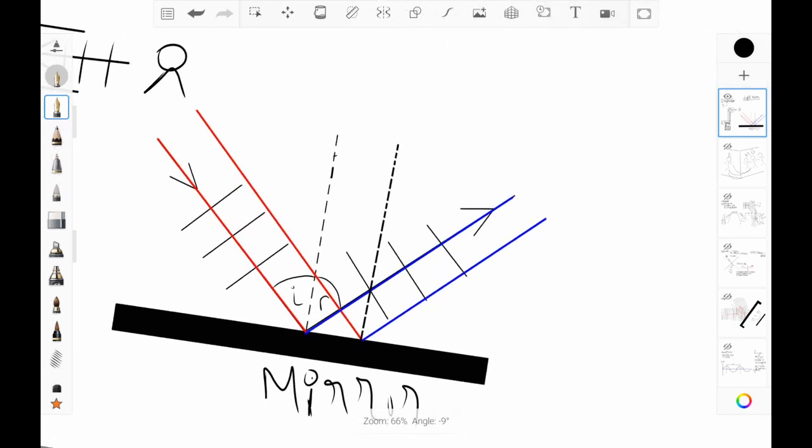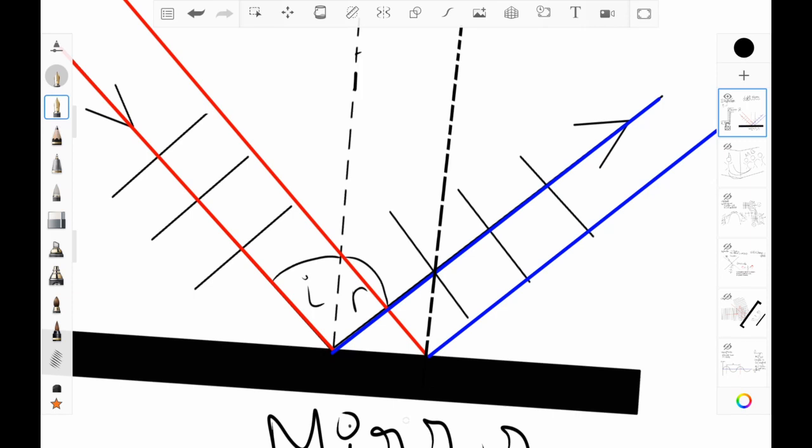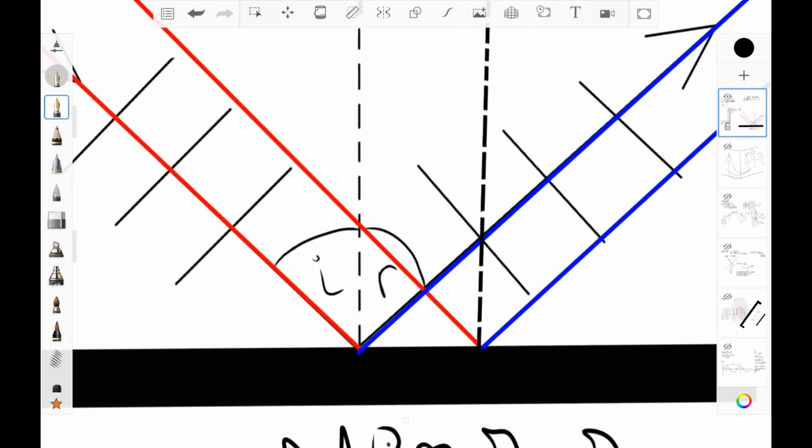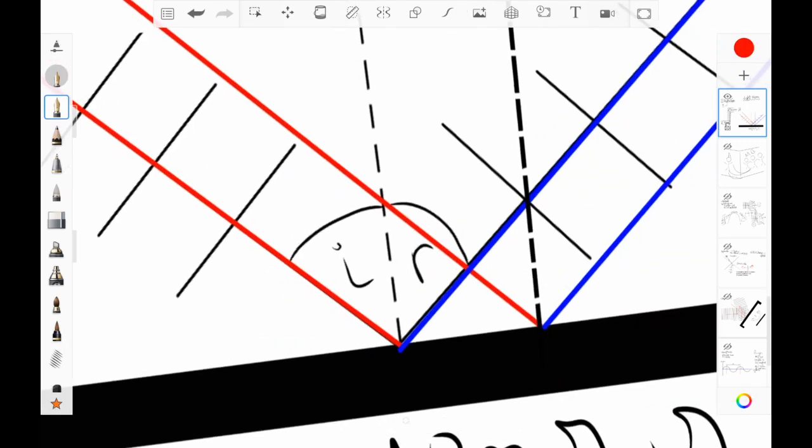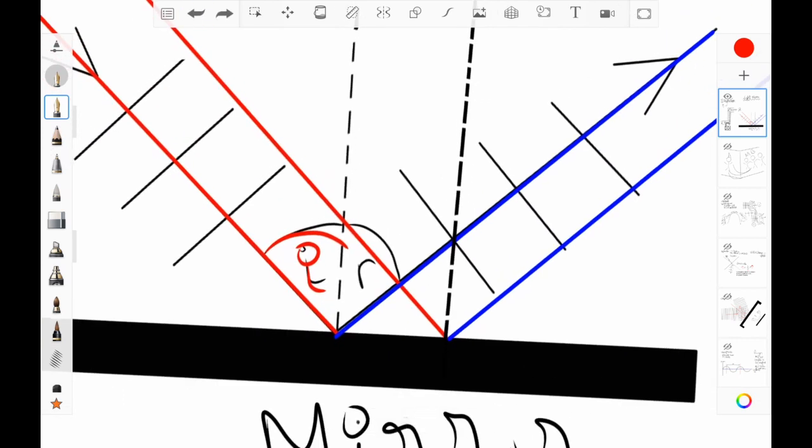And accordingly, the law of reflection, where the incident angle equals the reflected angle, is maintained for each of these. That is to say that for this first red line, this is the incident ray, and this is the reflected ray.